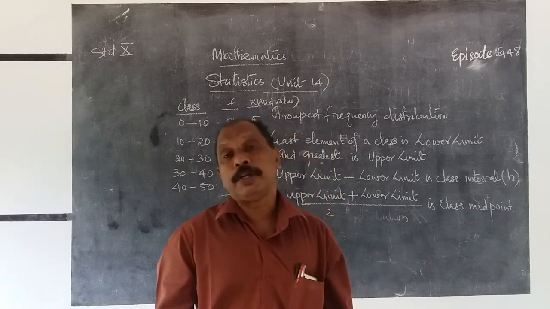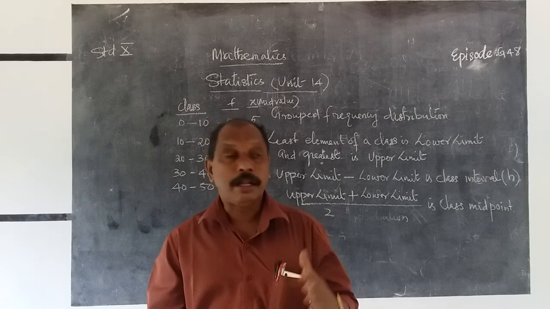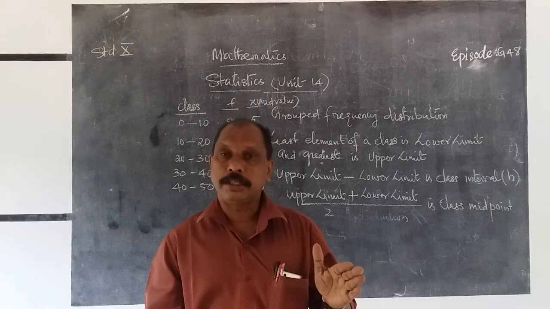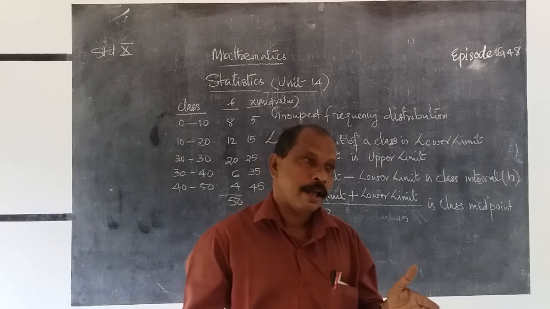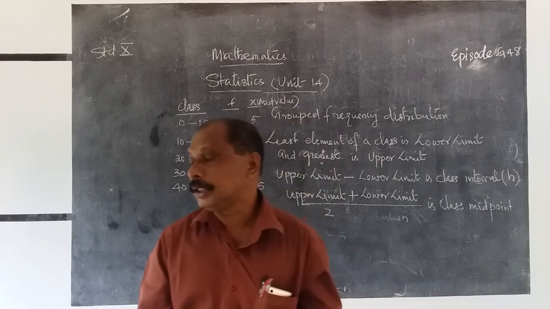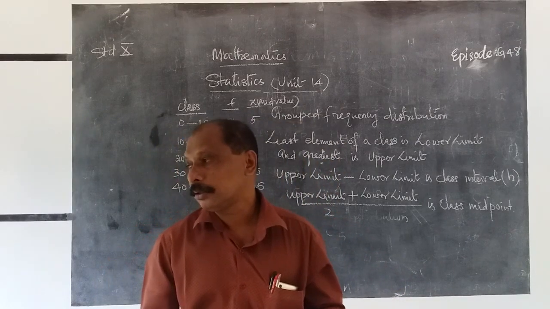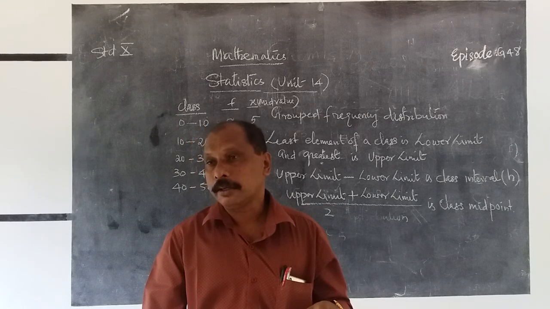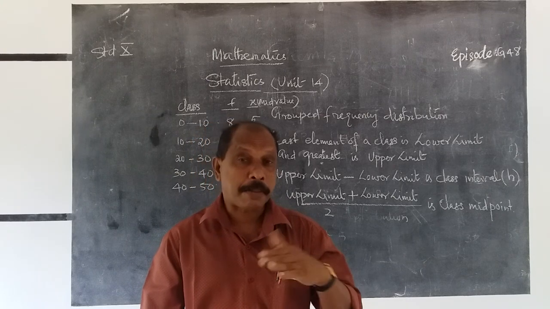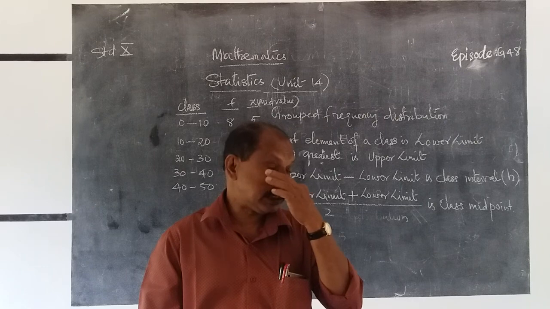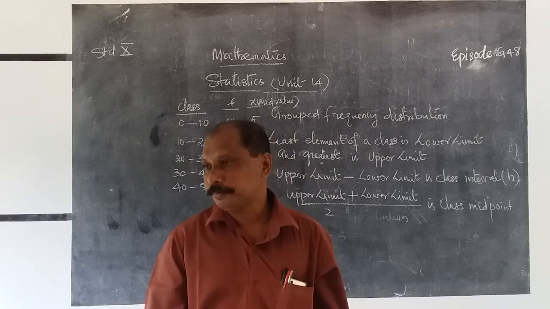For a grouped frequency distribution, the least value of a class is the lower limit and the highest value is the upper limit. Then upper limit minus lower limit is the class interval.